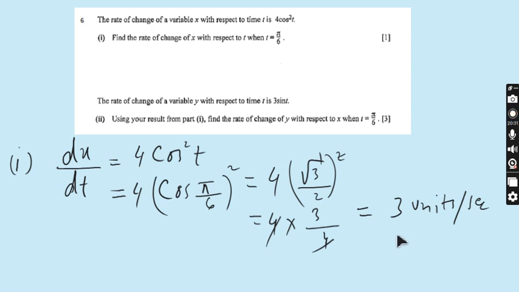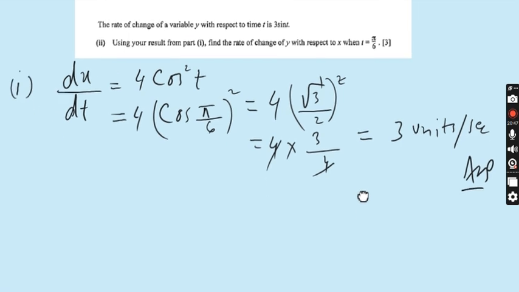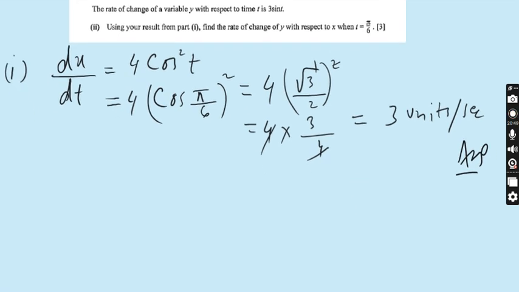Sorry, this is our answer. Rate of change of x with respect to t when t is equal to pi by 6 is 3 units per second. Move to next part. Part 2.